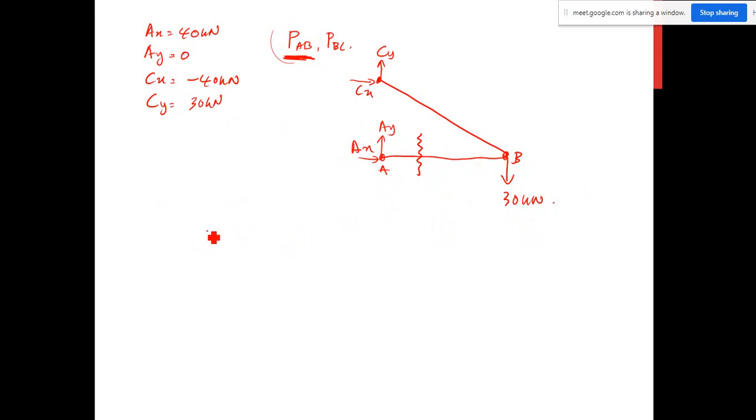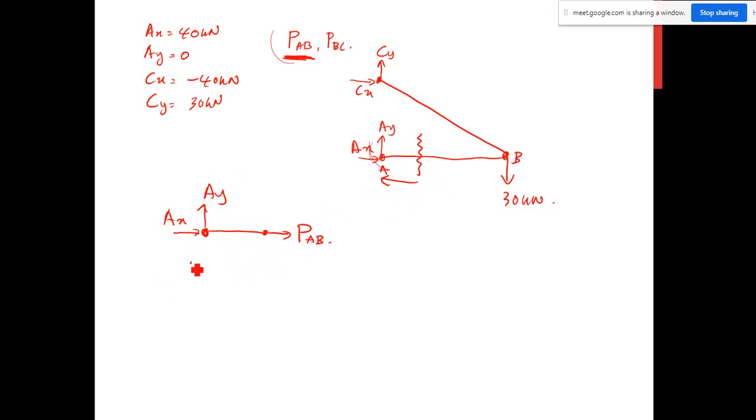So I analyze the left side here. You will have AX and also AY, and here is your PAB.